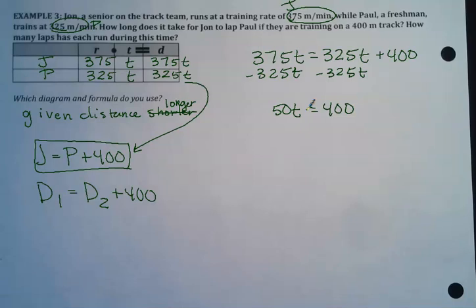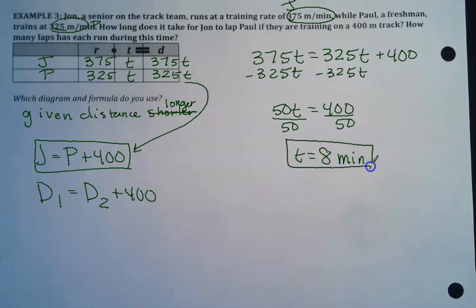Now we divide by 50. I heard an 8. Everybody confirm 8? Okay, what's my unit of measurement? Meters per minute. Time. The rate was meters per minute, so which of those is a measurement of time? Minutes. So T is 8 minutes.